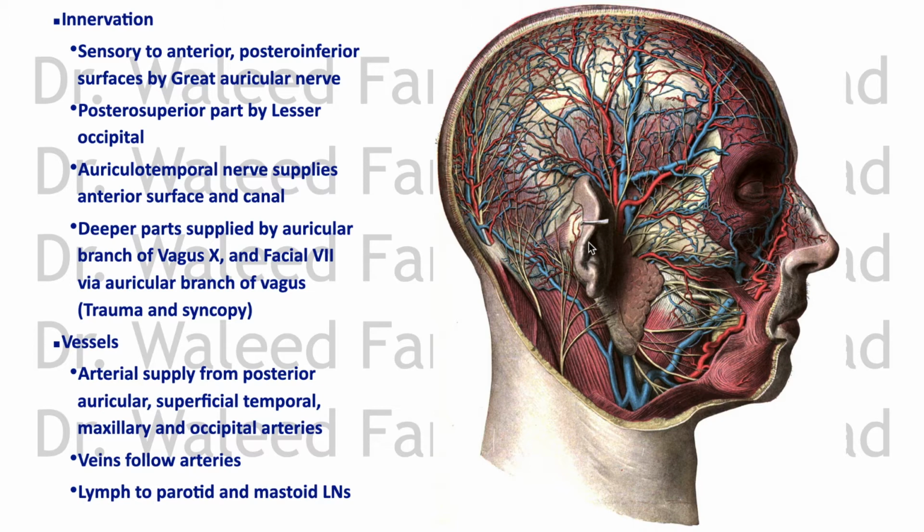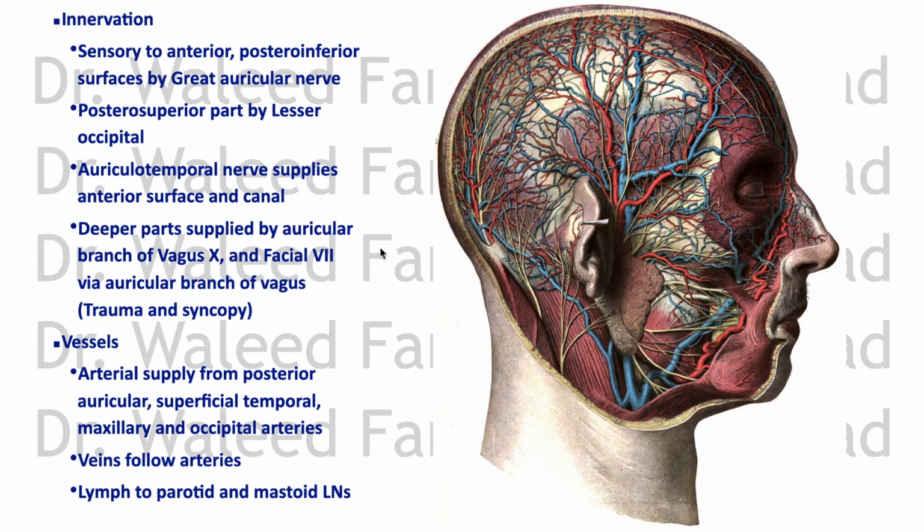In this case, a person who has this distribution is liable to neurogenic shock if he receives a good hit on his ear, on his auricle. It may produce a reflex called vasovagal shock, in which the vagus will be hyperstimulated, and this will lead to depression of the circulation.